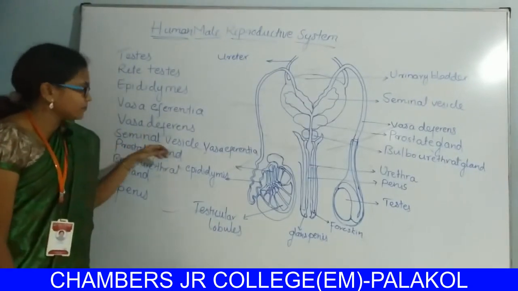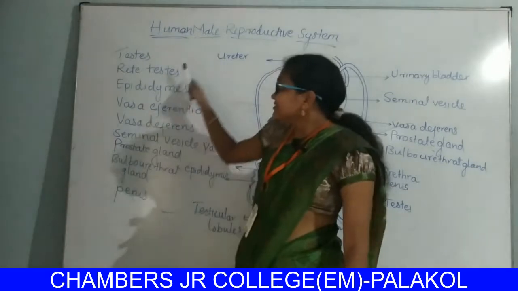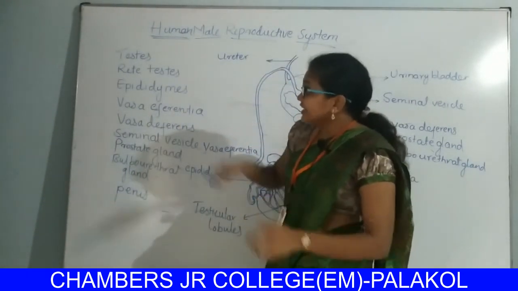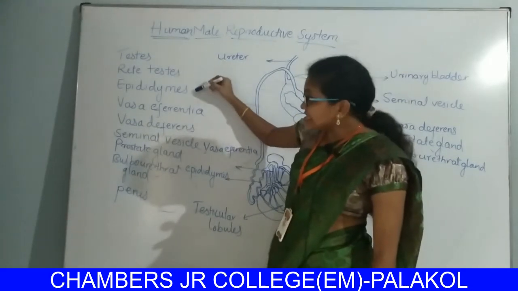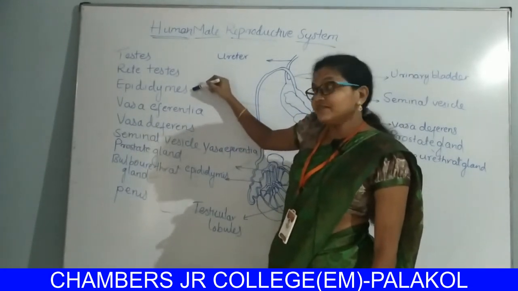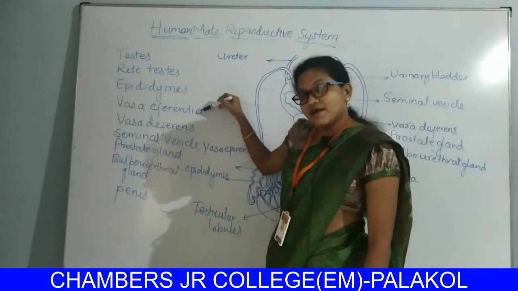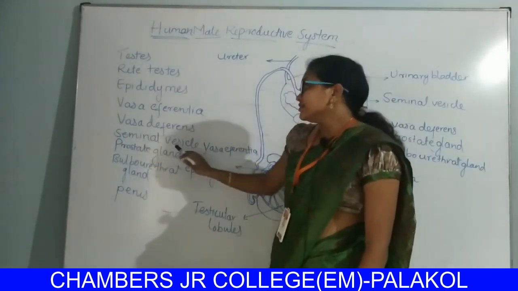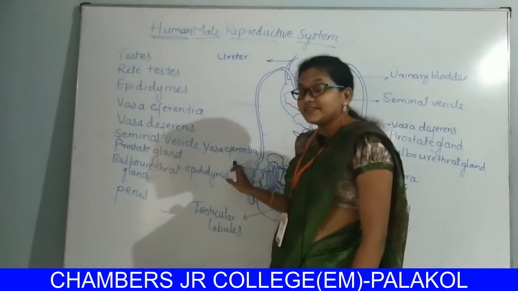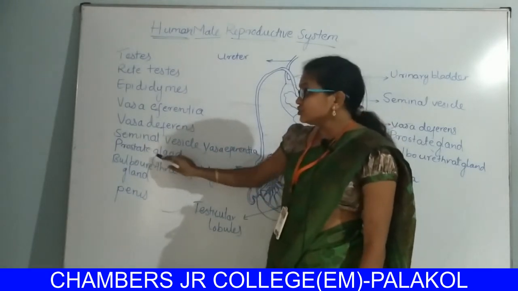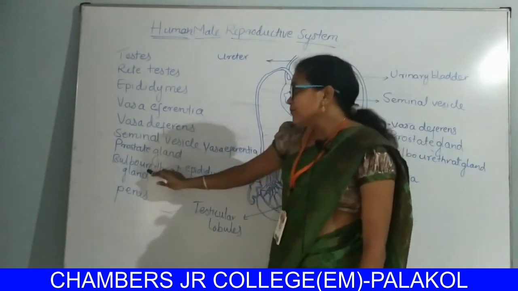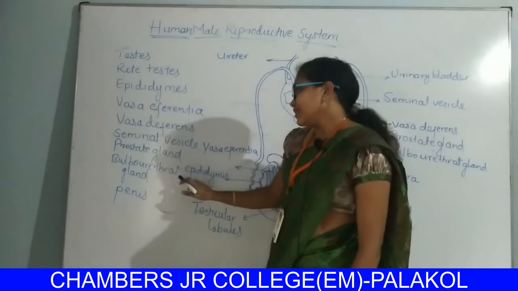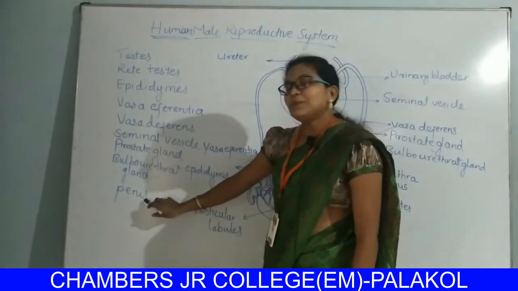So first one is testis. Next, rete testis, epididymis, vasa efferentia, vasa deferens, seminal vesicle, prostate gland, bulbourethral gland, penis.